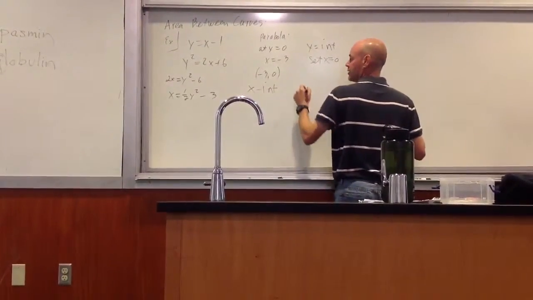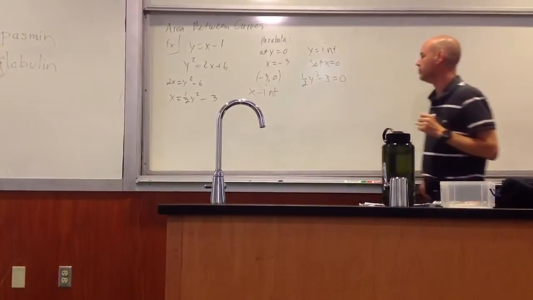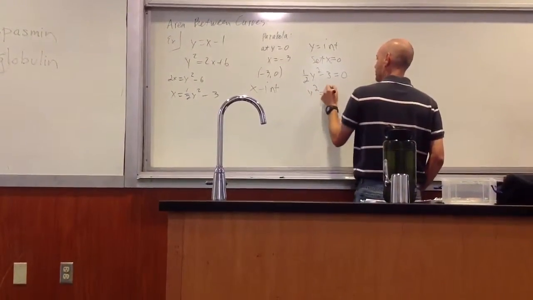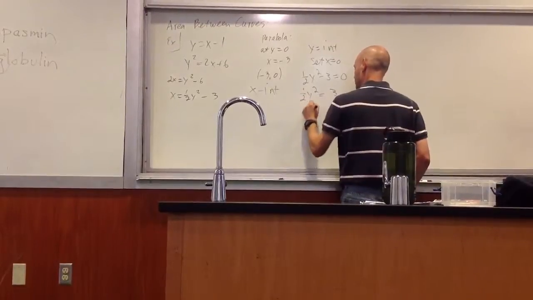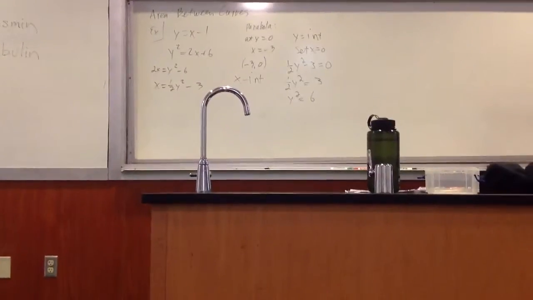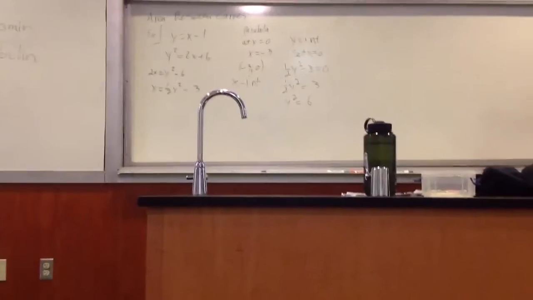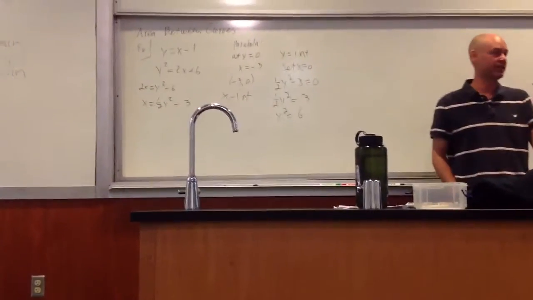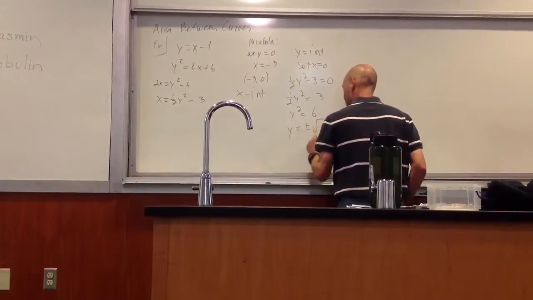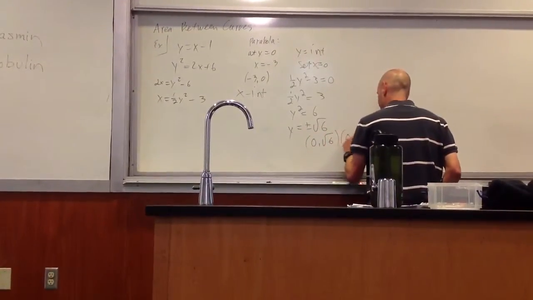Solve for y. Who said square root of 6? I don't know where that came from. We have to be extra careful, right? I need the plus and minus, right? This is actually 2 points. This is the point (0, root 6) and (0, negative root 6).